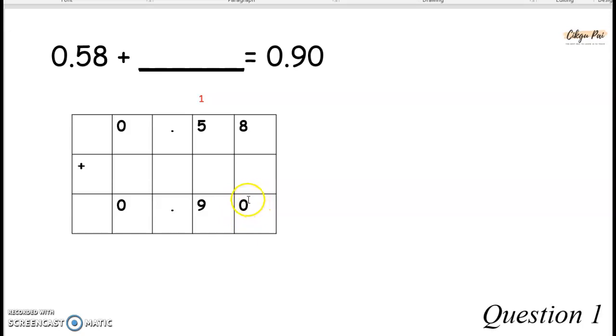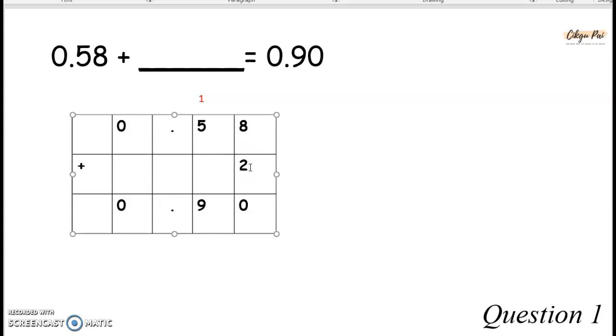Since it is 0 and there is a 1 here, you need to find 8 plus what number gives the answer 10. 8 plus 9, 10. So you open 2 fingers. So the answer here is 2.